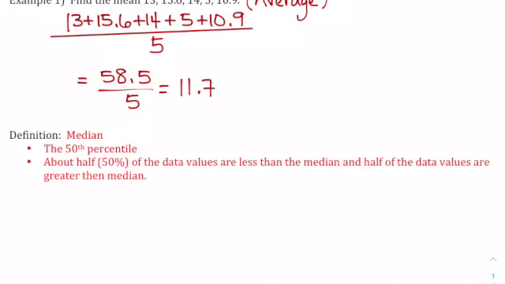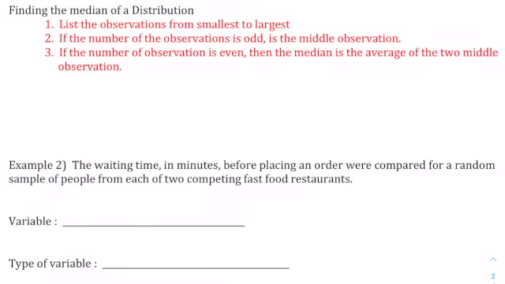The next definition we're going to talk about is the median. The median is the 50th percentile. That means about half of the data values are less than the median and half are greater than the median. To find the median of a distribution, first list the data from smallest to largest.